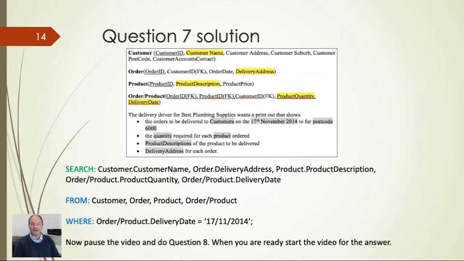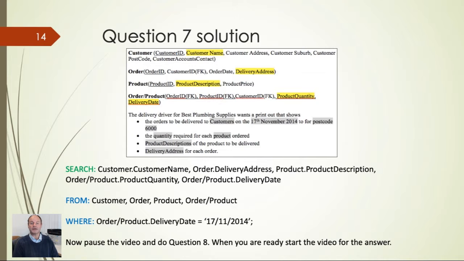We will need customer name, delivery date and delivery address fields. Quantity is required in the second bullet point, so we need product quantity. Delivery address is mentioned in the 4th bullet point, but we have this information already for the postcode. So now for the solution.